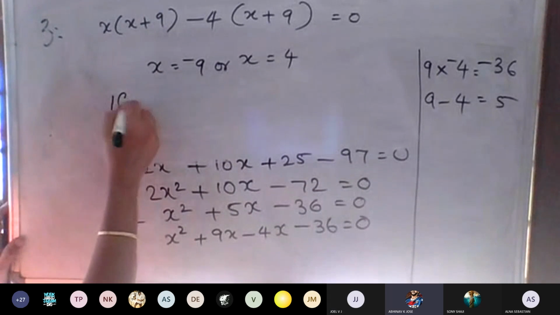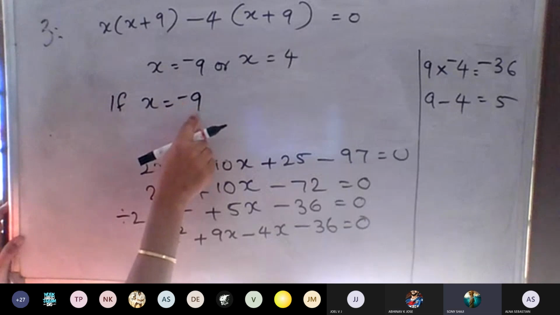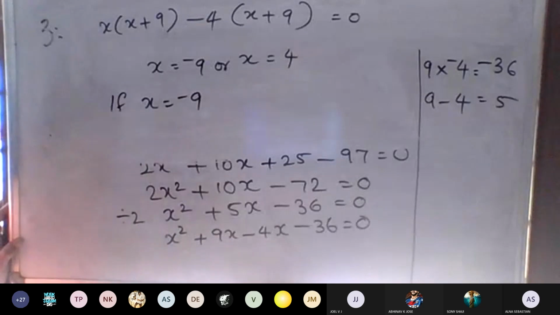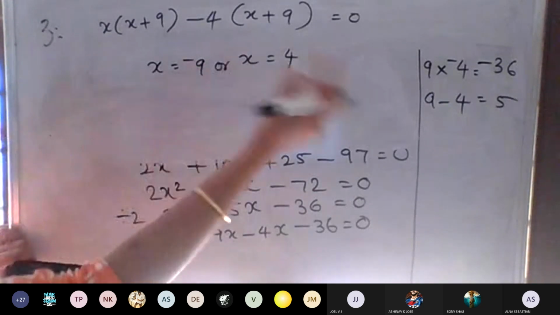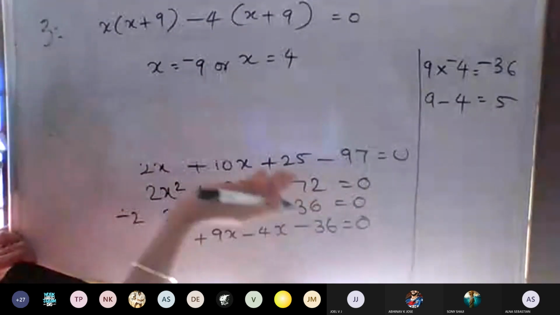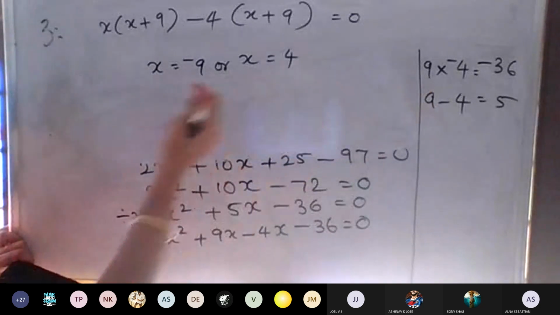If x is equal to negative 9, do we write this? No, because negative 9 is not a natural number. We don't take negative 9, since it is not a natural number. If needed, you write this in the working column.